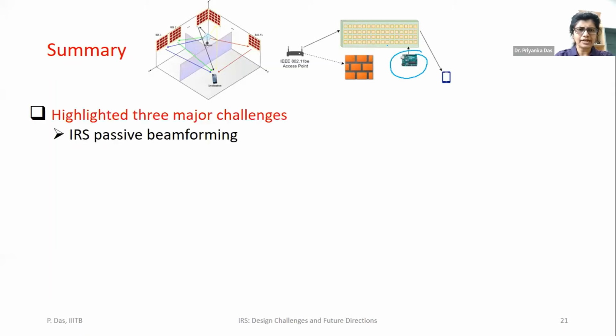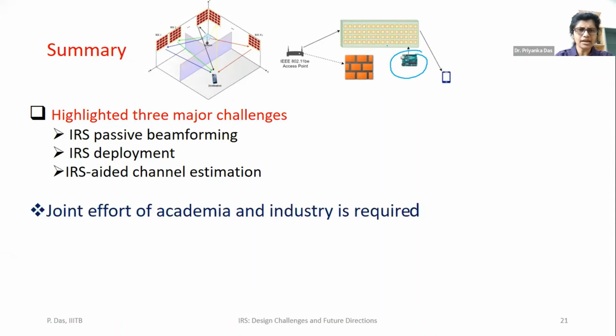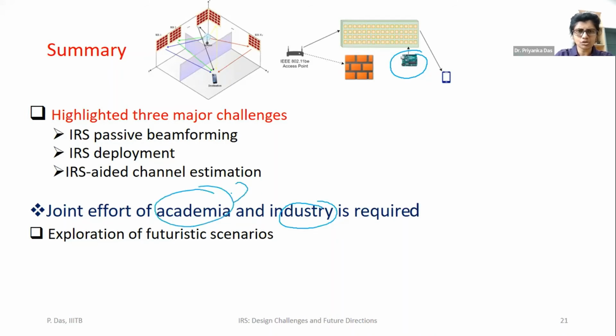We highlighted three major challenges: passive beamforming, deployment, and channel estimation, and there are endless possibilities out of these three. So there is plenty of opportunity in academia, and hopefully industry also, after everything comes out in 2024 and so on. Now everything is mostly in the bucket of academia. Some have also started industry-oriented jobs for IRS.